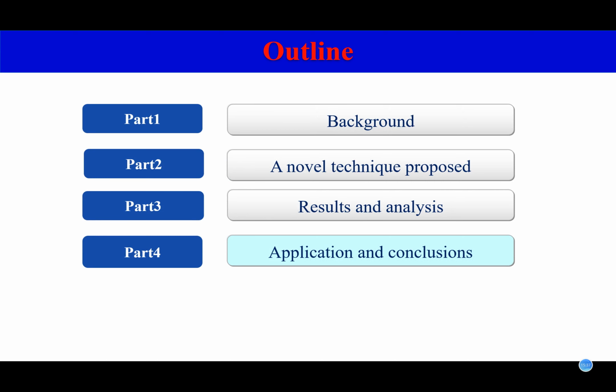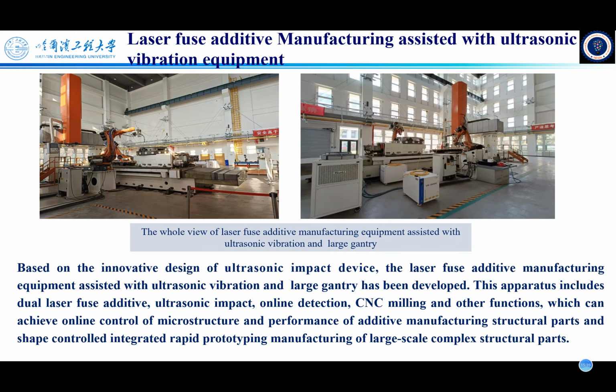manufacture. In the first part, I will introduce the application of ultrasonic energy in additive manufacturing based on the innovative design of the ultrasonic impact device. Laser additive manufacturing equipment assisted with ultrasonic vibration and large gauge has been developed.